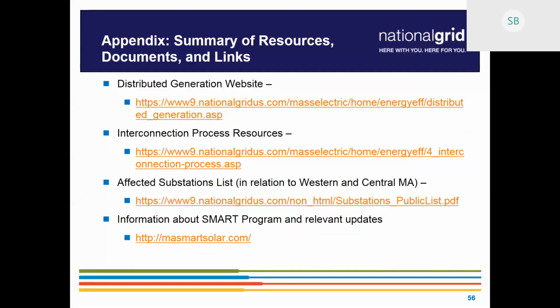In that map, the black and the blue hashtag areas are other parts of our territory that aren't currently congested. So if you're thinking of where to site a project that has more likelihood of going through as it used to without ISO involvement, I would look at those areas first. Not that ISO won't flag these projects if they're over a megawatt and 5 megawatts.